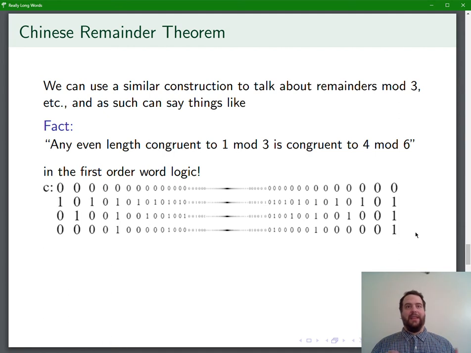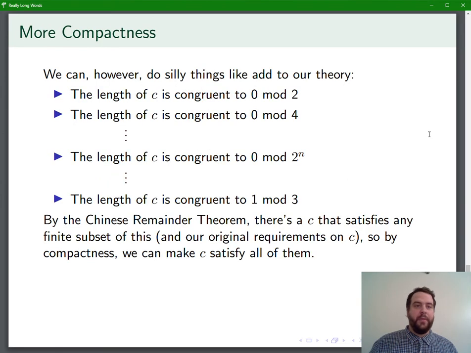We can't say that for all integers, nice things happen with these moduli. But any specific instance of the Chinese remainder theorem, like this, can be translated into a first order logic formula and therefore has to be true of the non-standard model.